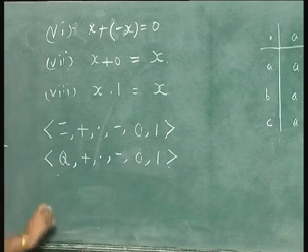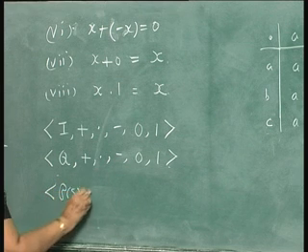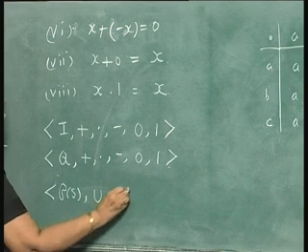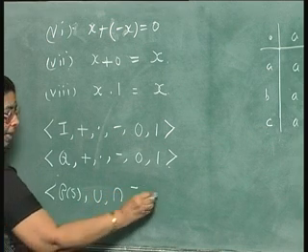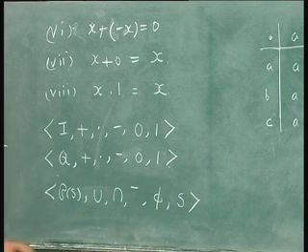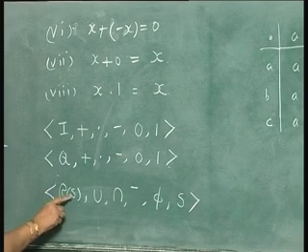Now, look at this algebra. The power set of a set S, with union, intersection, complementation, the empty set, and the whole set. How many elements are there? There is a carrier of an algebra, that is okay.